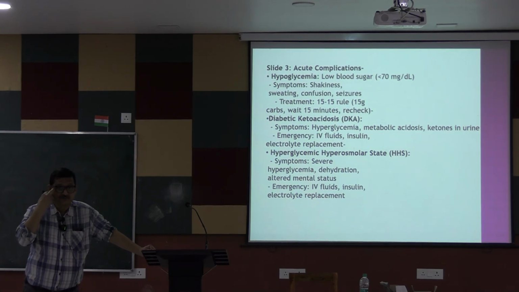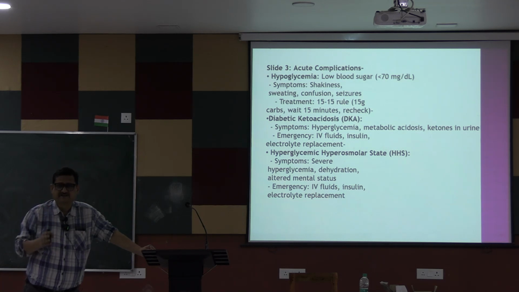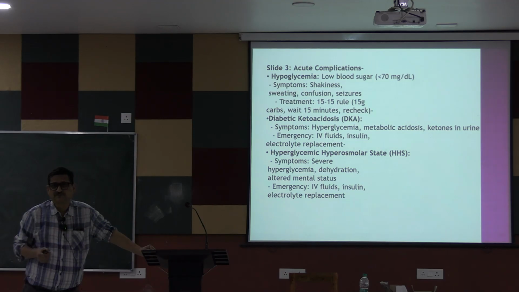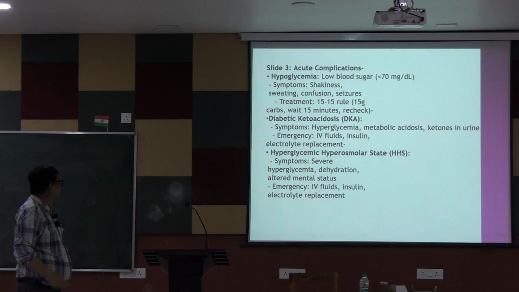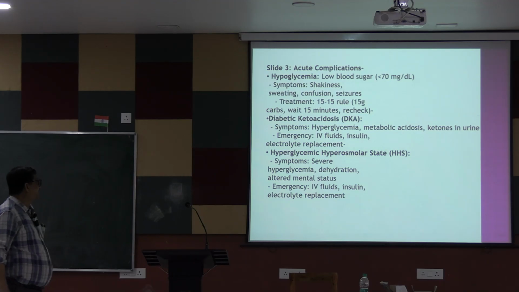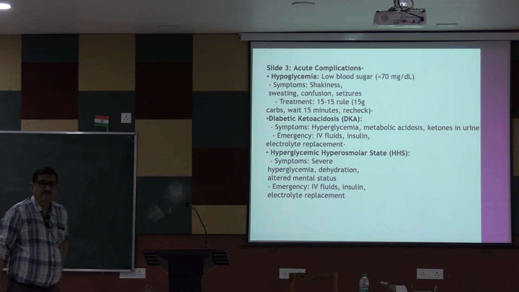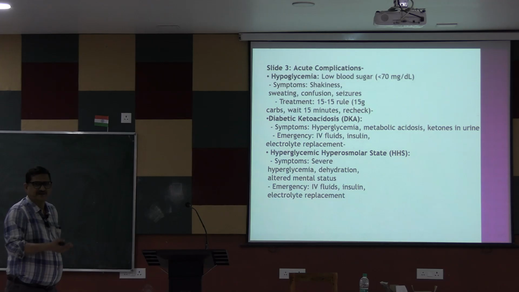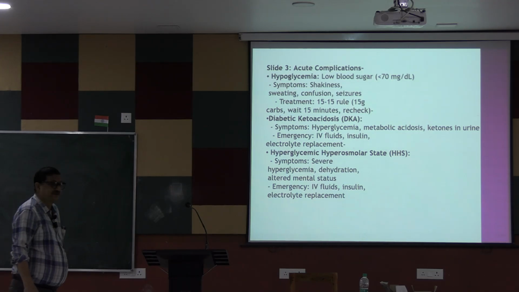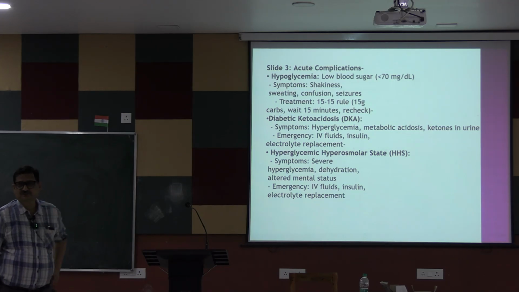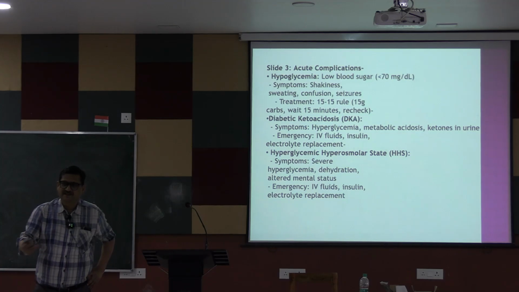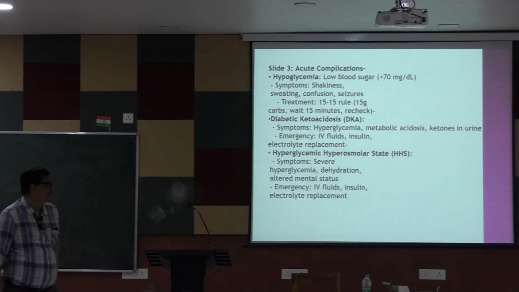So this is a very important acute complication, and the most important complication of diabetes. Treatment is the 15-15 rule: 15 grams of glucose or carbohydrate, wait for 15 minutes, if there is no change in the situation, recheck. Again give 15 grams of glucose.